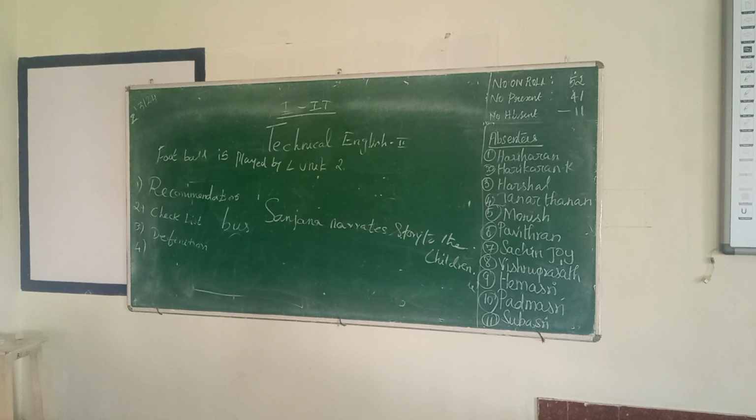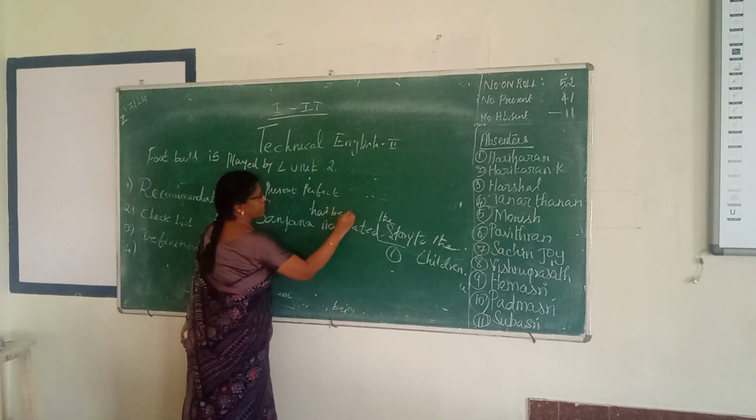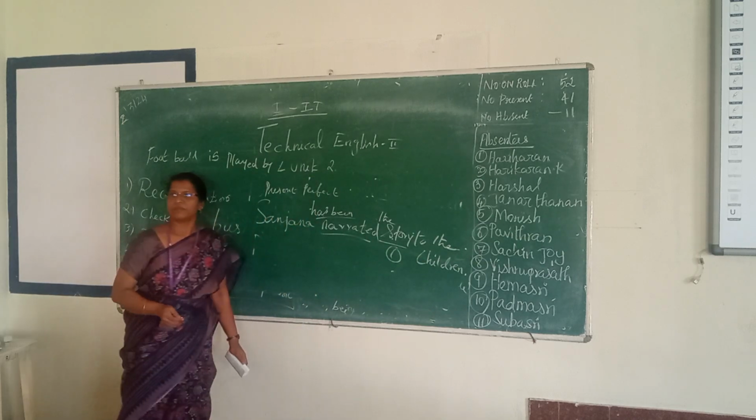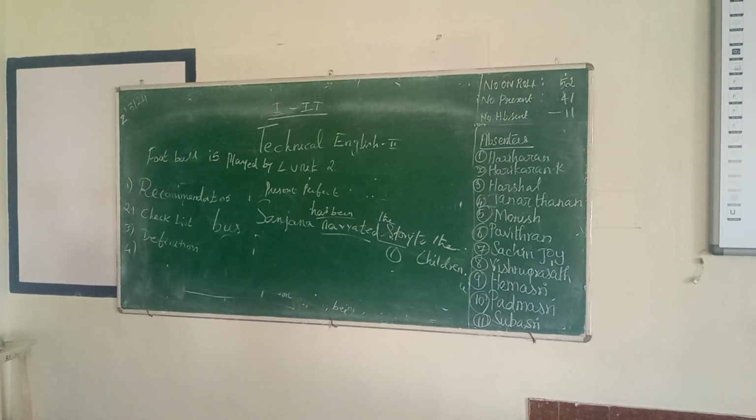You use subject like this side. Easily you can get 2 marks as well. Spending much time for this. The story has been narrated to the children by Sanjana. So mention the type of tense you are changing and give examples accordingly.